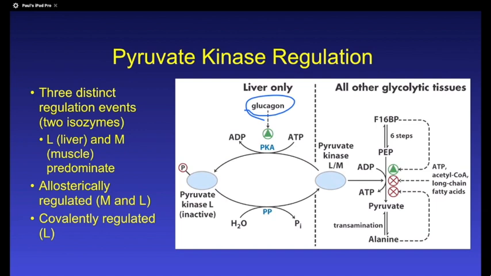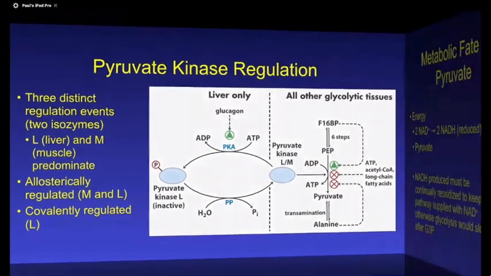It uses the enzyme called PKA, protein kinase A, and that will turn it off. All right. In actuality, this protein phosphatase will be signaled by insulin. I don't know why they didn't put insulin in there, but if insulin is being released, it will allow pyruvate kinase to be placed into the dephosphorylated or active state.